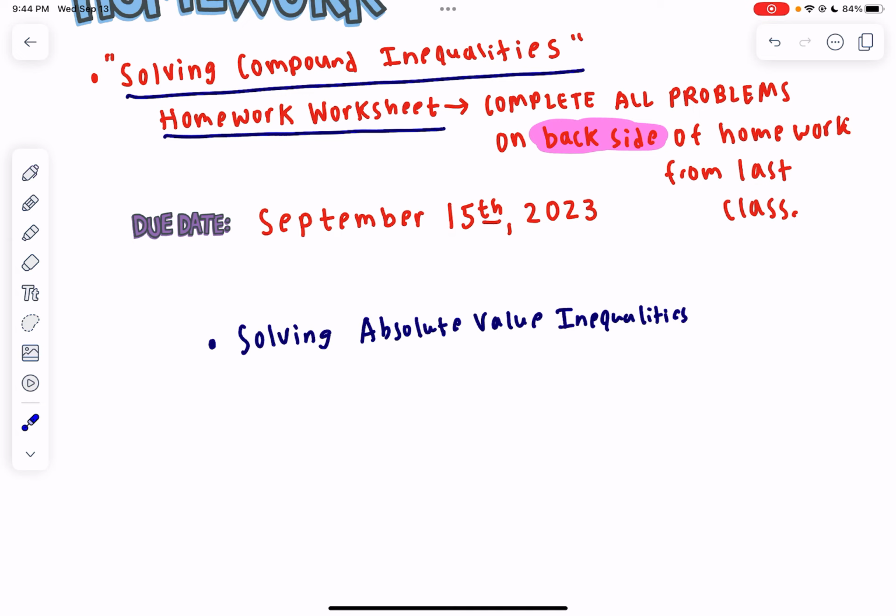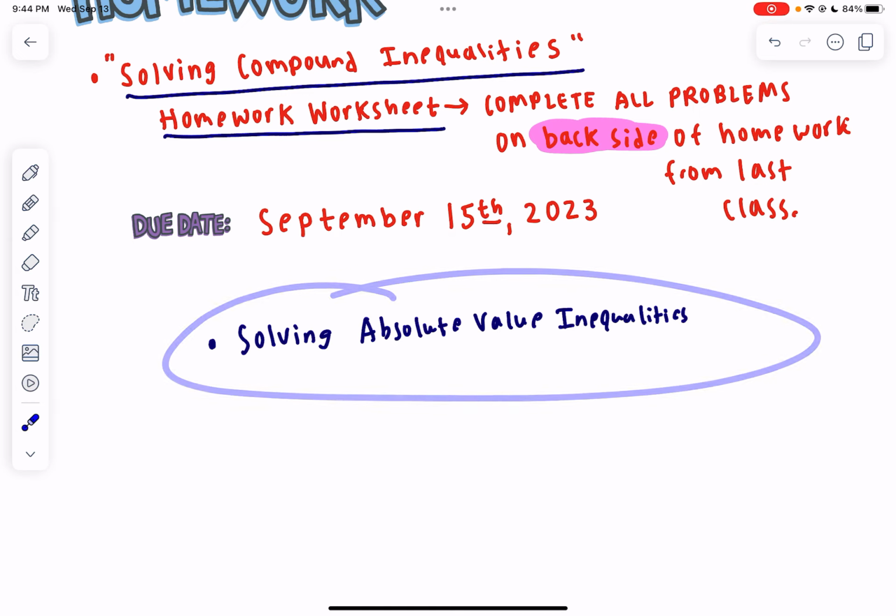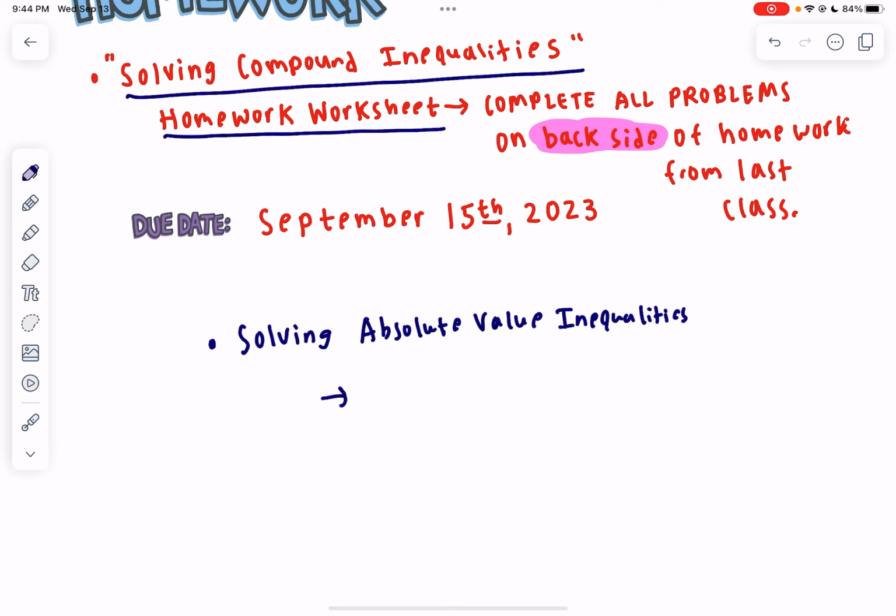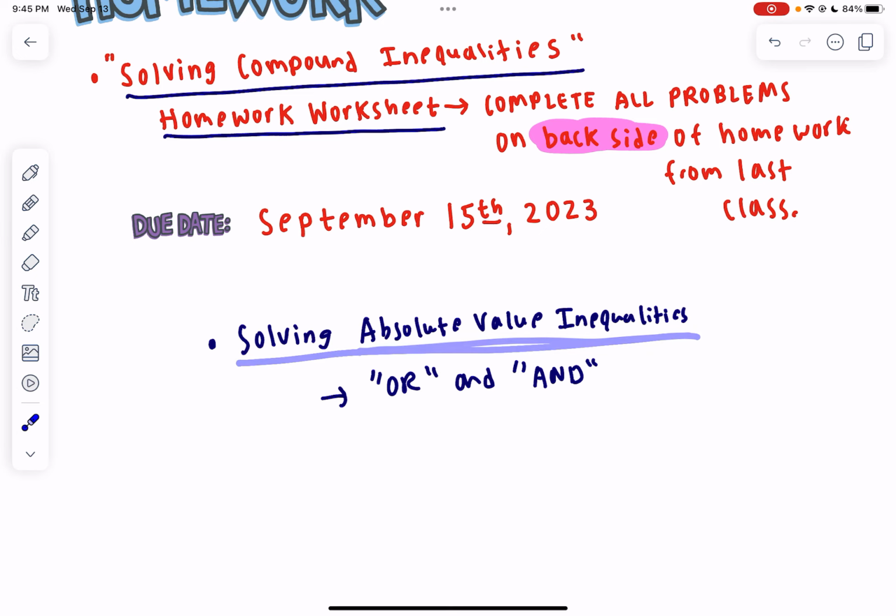In order to solve absolute value inequalities, we have to have an understanding of the OR compound inequalities and the AND compound inequalities. So we'll go ahead and come back to this when we deal with solving absolute value inequalities.